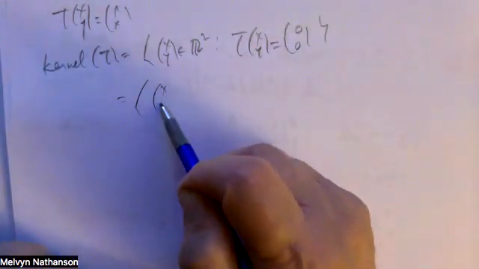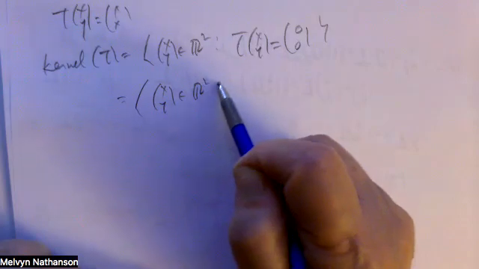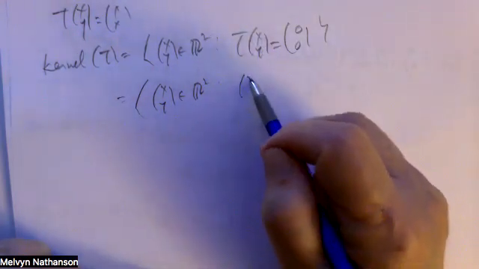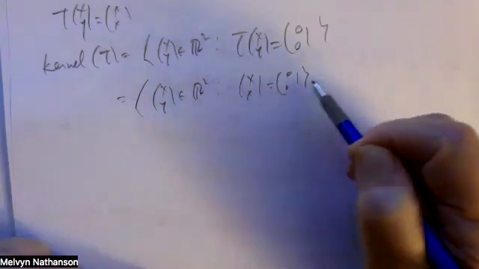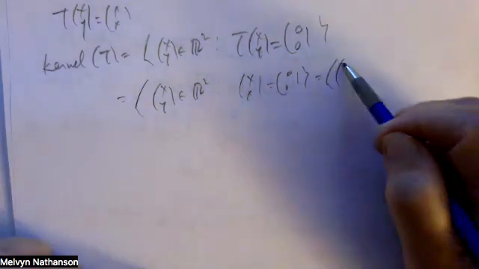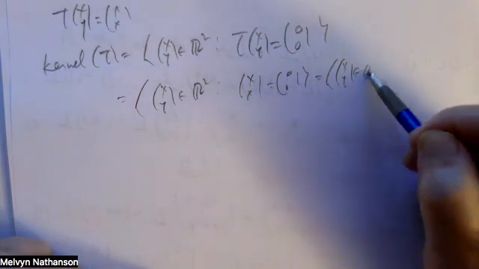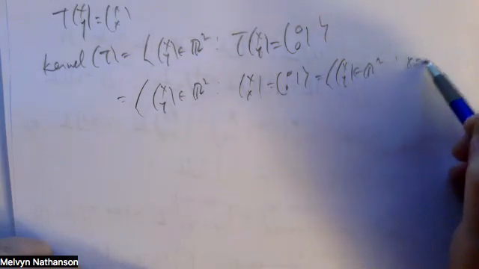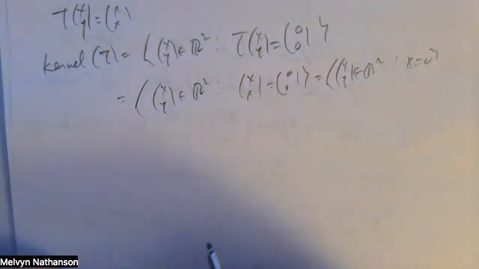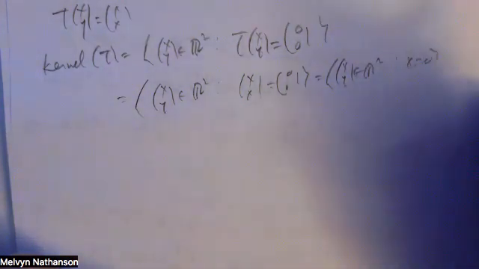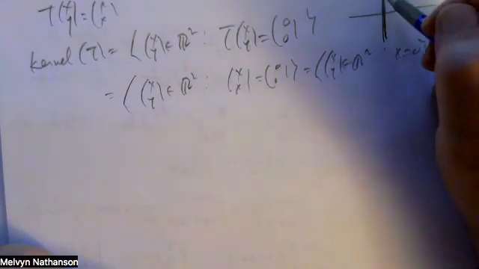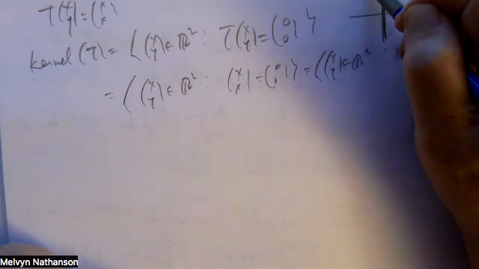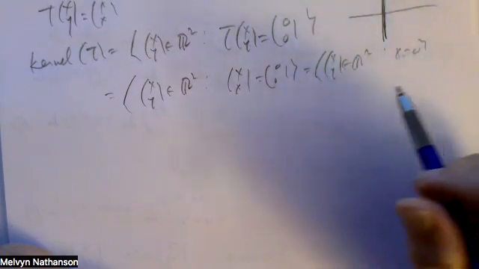What is T of (x, y)? It's (x, x). So all vectors such that (x, x) equals 0. So that's all vectors (x, y) in R2 such that x equals 0. So if you want to draw a picture, the vectors where x equals 0, just the y-axis. So the y-axis is the kernel of T.